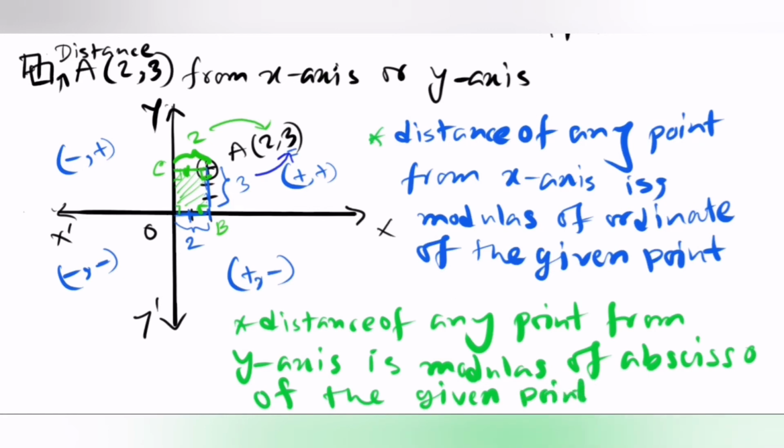So for this case, what is the distance of point A from the y-axis? It will be 2 units from the y-axis, or more precisely it will be modulus 2 units from the y-axis.